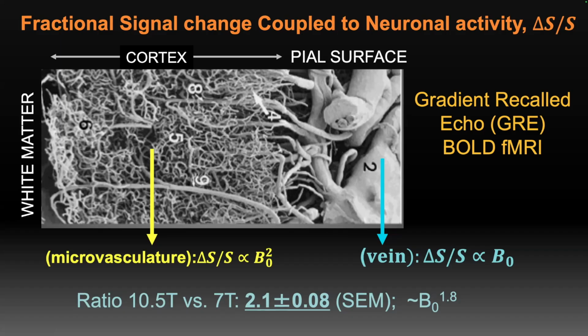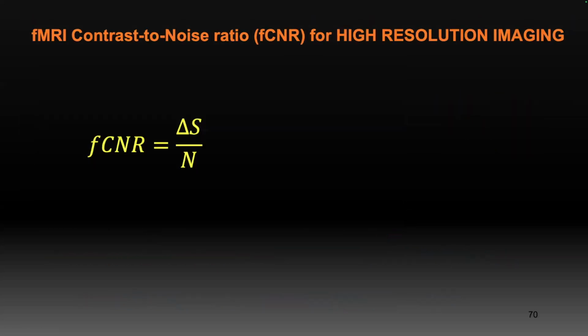That's pretty amazing. And in fact, that suggests that really this capillary effect is now dominating at 10.5 Tesla. Otherwise, if the big vessels dominated, as they do, for example, at 3 Tesla, this is well known, 1.5 Tesla for sure, we cannot get better than a linear increase in BOLD, but we are getting almost a square.